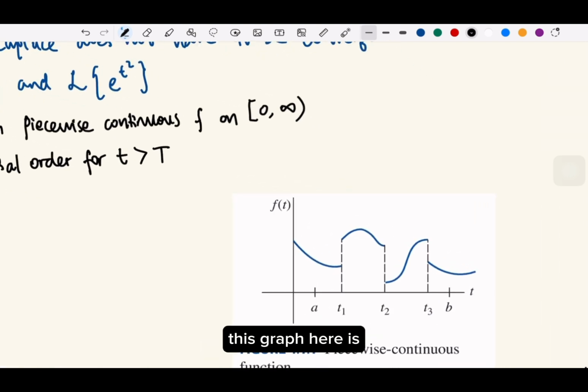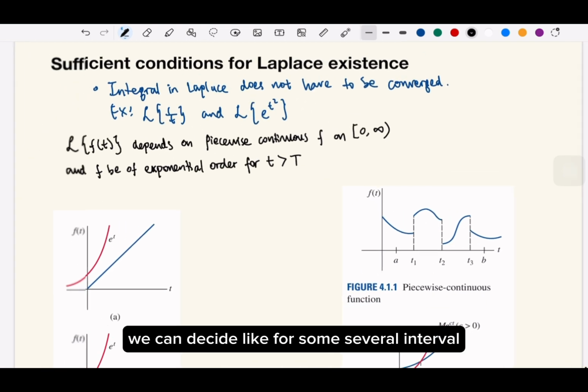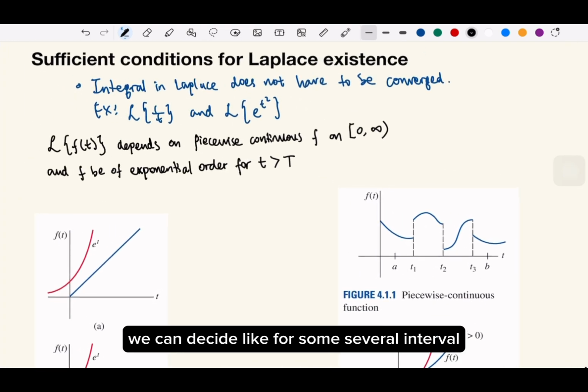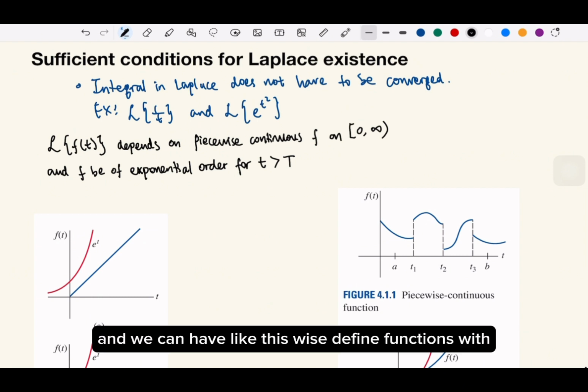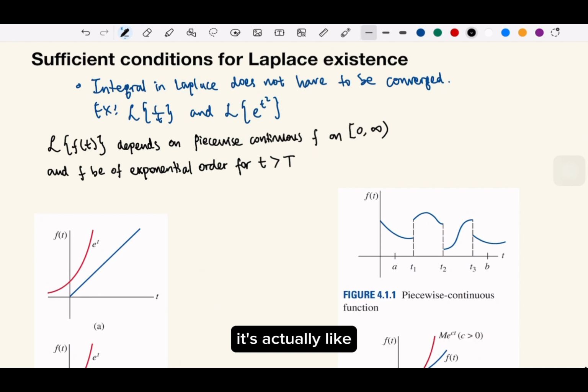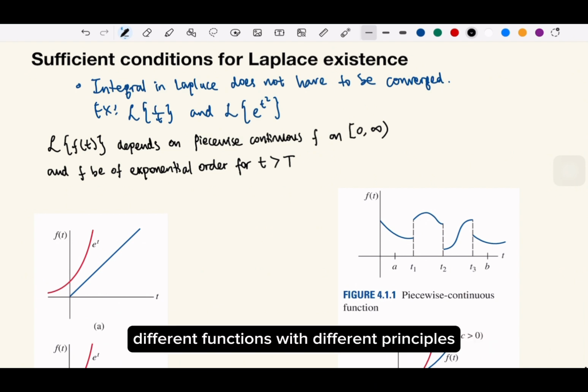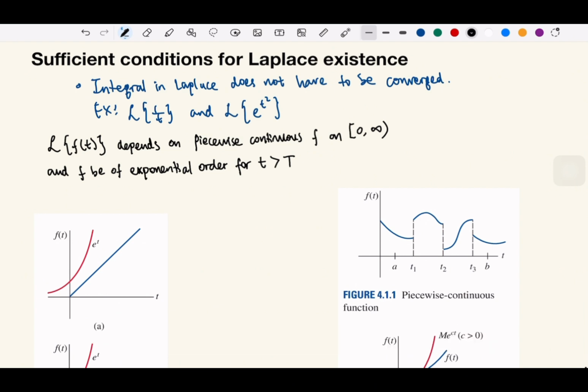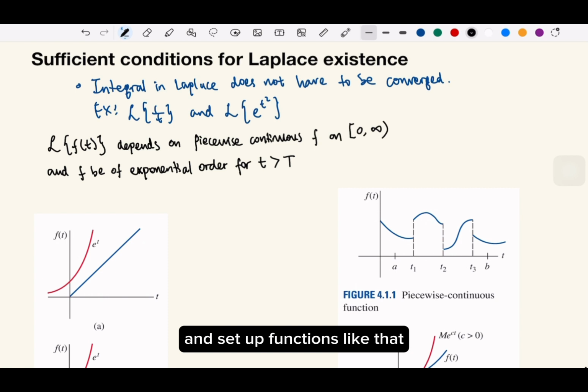So we can set up the continuity in terms of piecewise. For example, in this graph here, for several intervals we can have piecewise defined functions, actually different functions on different intervals. We can set up functions like that.